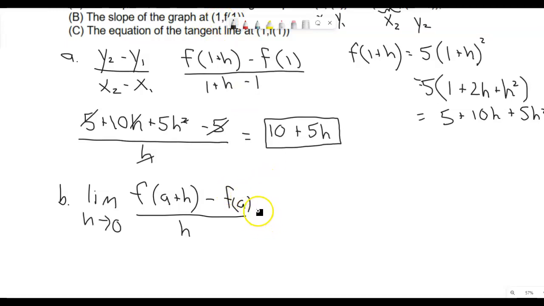So this is just going to equal the limit as h approaches 0 of this right here, because if you let a be 1, then this is f of a plus h minus f of a all over h. That's when we canceled out the 5s there. So we've done the work; let's just put this here: 10 plus 5h.